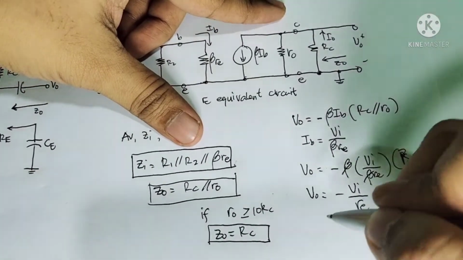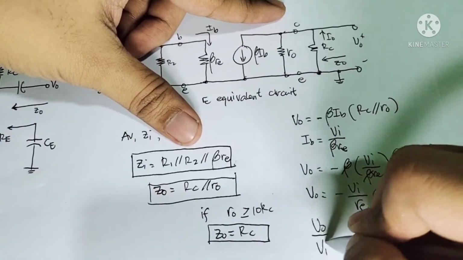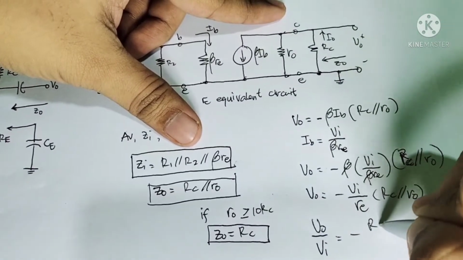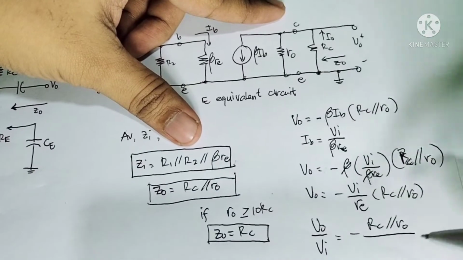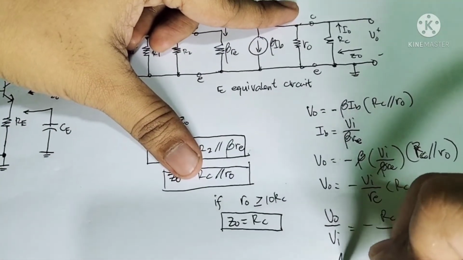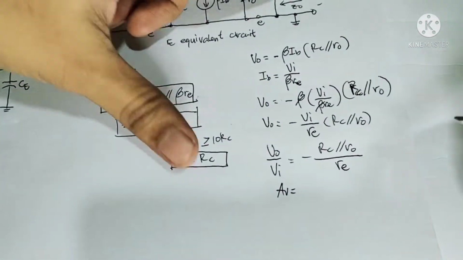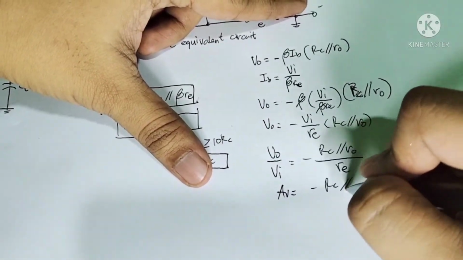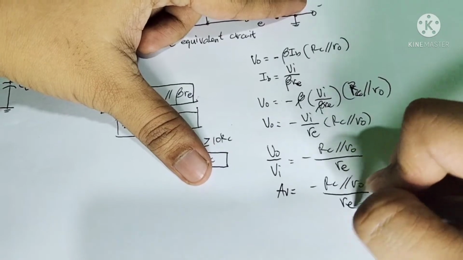So the voltage gain, V out over VI, is equal to negative RC parallel RO divided by RE.